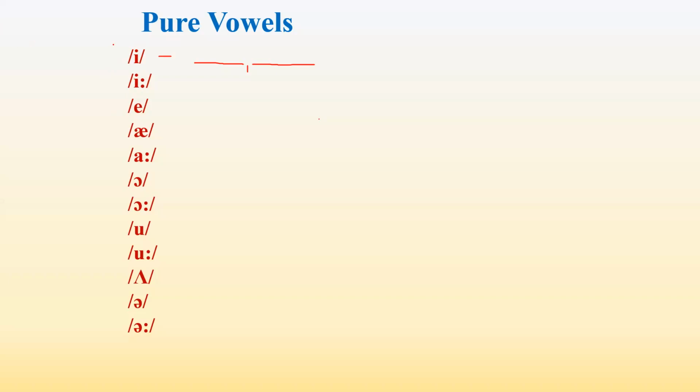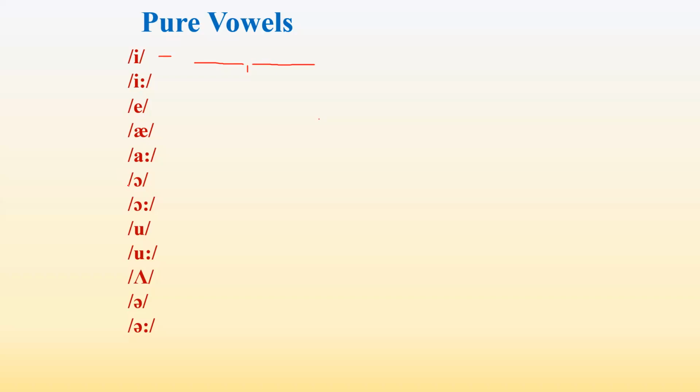First one is short E, right? Second one, long E. The 2 dots means we are dragging, there is a length. And the third one, fourth one, and the fifth one, that is also a long vowel, right?